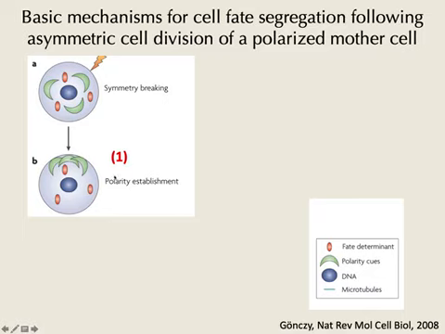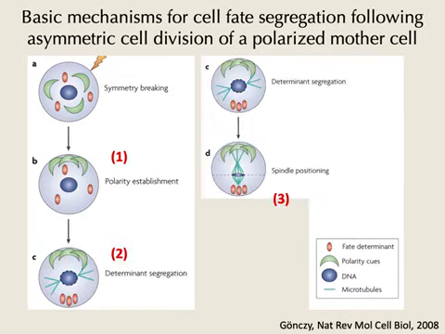Then you have a relay where polarity is established, and what I mean by that is those polarity cues or polarized molecules, they gather on one side of the cell, okay, in 3D. Okay, so one pole, if you will. Now, this can cause so-called segregation of determinants.